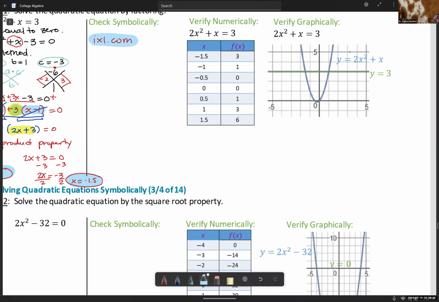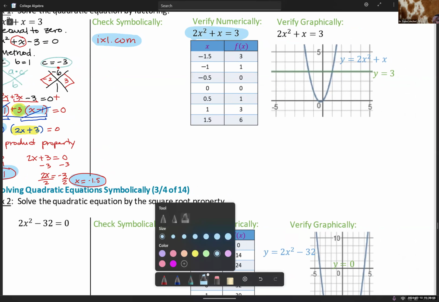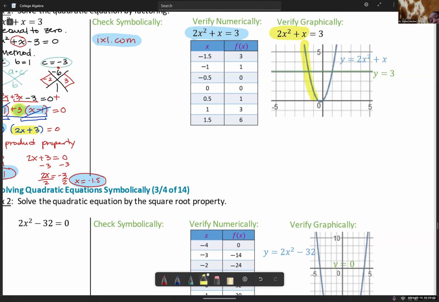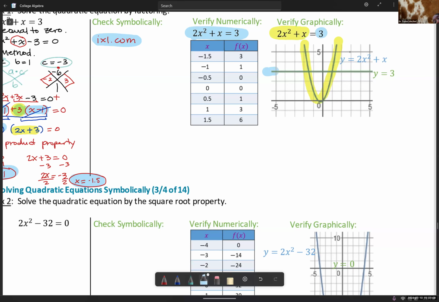Now you can verify your answers numerically, meaning actually put this in the calculator and see what you get. Or I love this method and I want to show it to y'all. Graph the left side and then graph the right side.